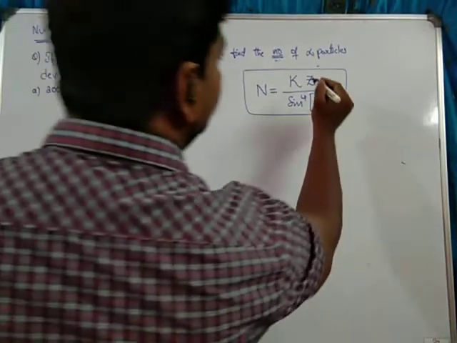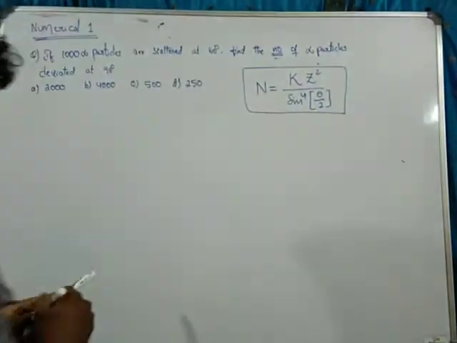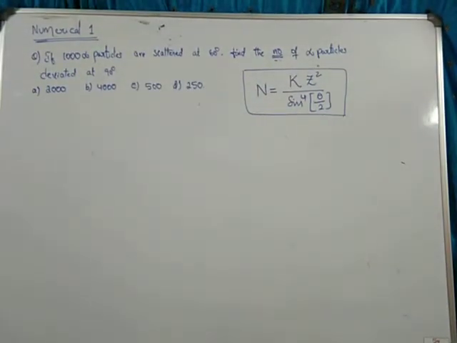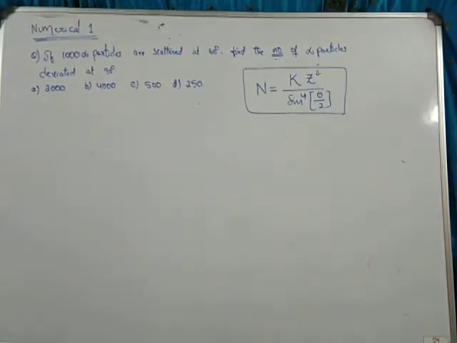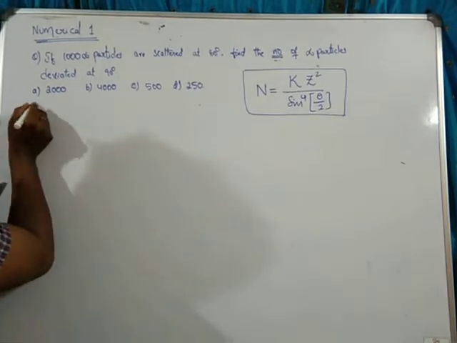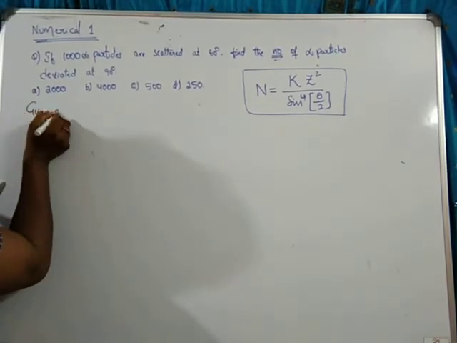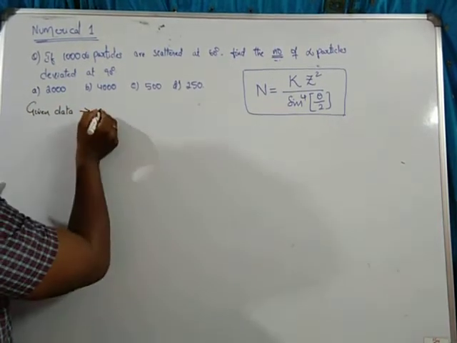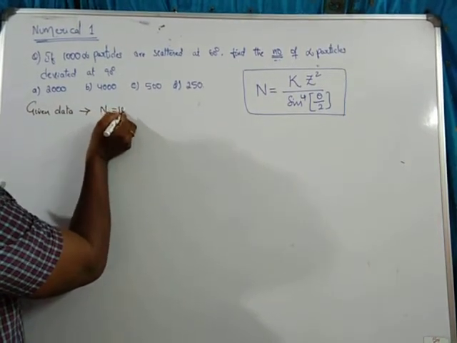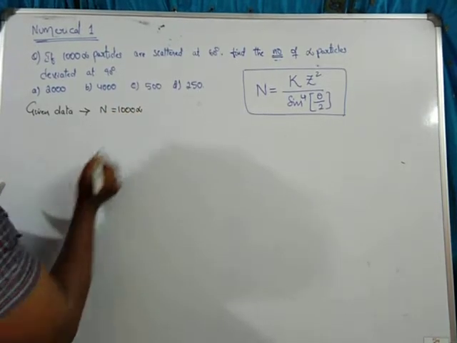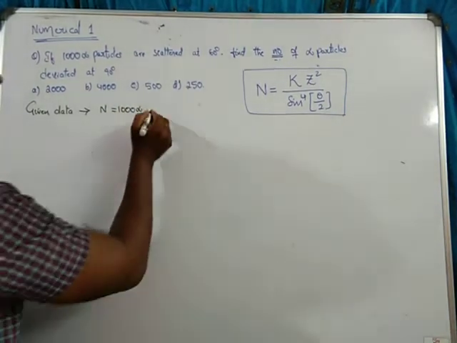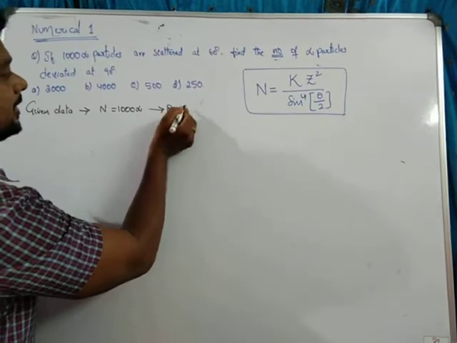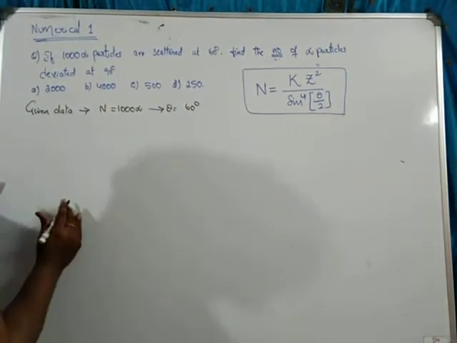First, here we have the given data. For the given N is equal to 1000 alpha particles, the scattering angle will be 60 degrees.